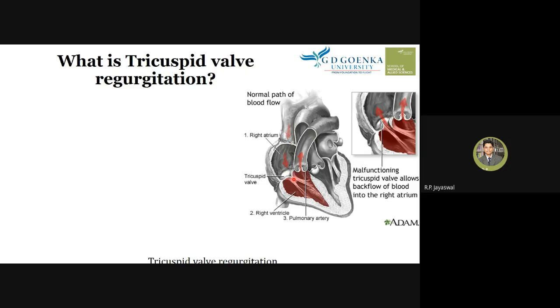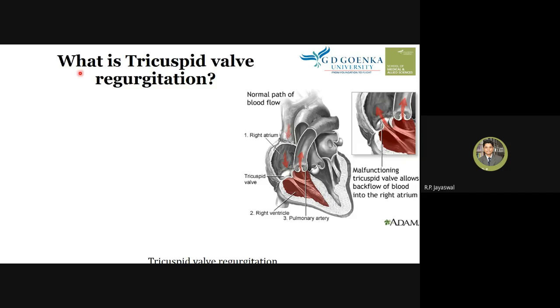But if there is an abnormality in the tricuspid valve, we can see there is a backflow of the blood. Malfunctioning of the tricuspid valve allows backflow of the blood into the right atrium from the right ventricle.